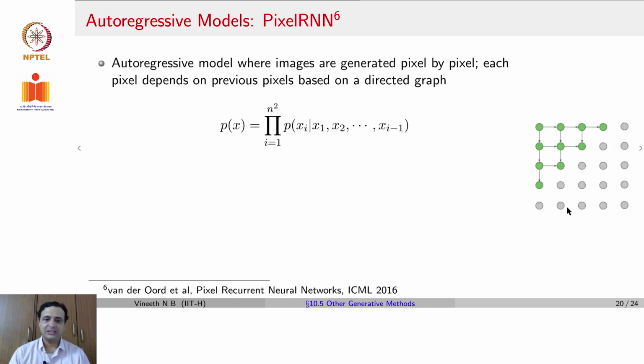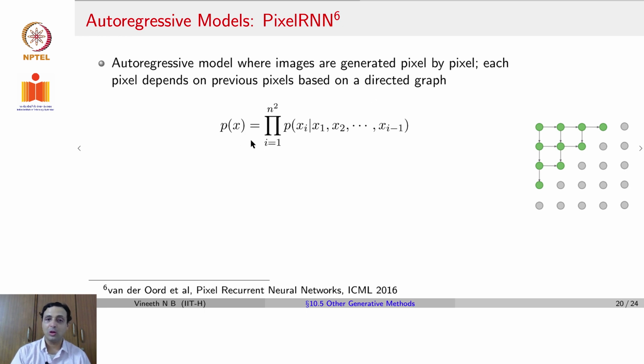A variant of this by the same authors, which came in ICML 2016, is known as pixel RNNs. And pixel RNNs have a very similar idea, where however the generation is done using LSTMs instead of CNNs. Once again here, it's an autoregressive model where images are generated pixel by pixel. Each pixel depends on previous pixels based on a directed graph.